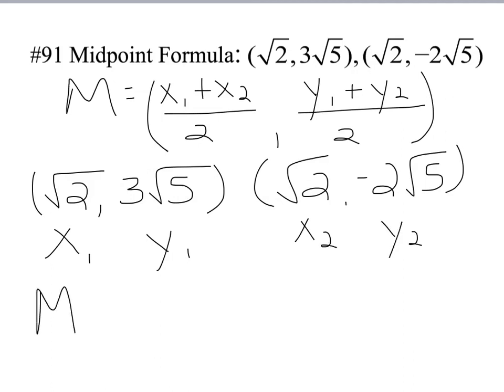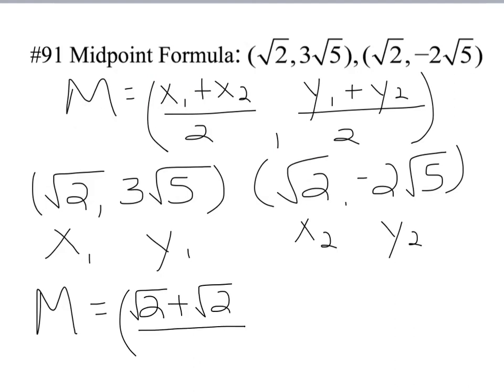Okay, so when I go to plug in, the first thing they're asking me for is x1 plus x2. So I'm going to say the square root of 2 plus the square root of 2 over 2, comma. Then they want y1 plus y2. So y1 is 3 square roots of 5, and y2 is negative 2 square roots of 5.